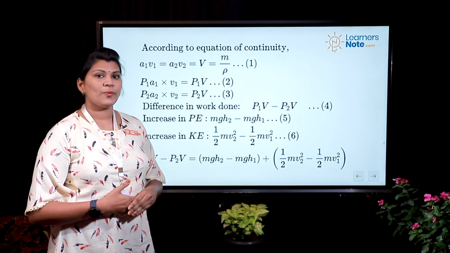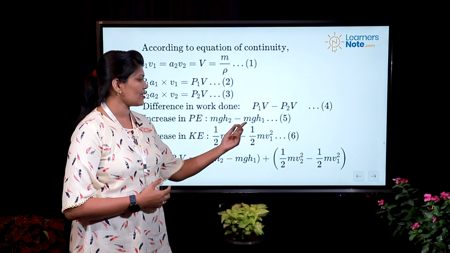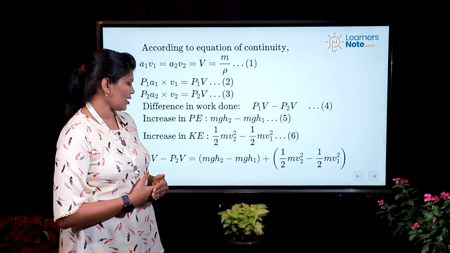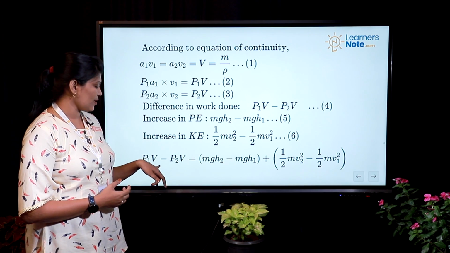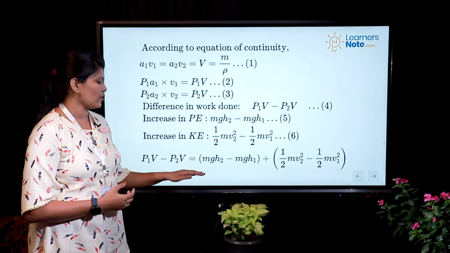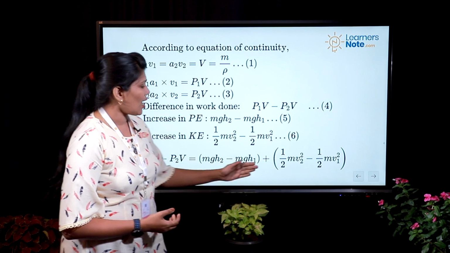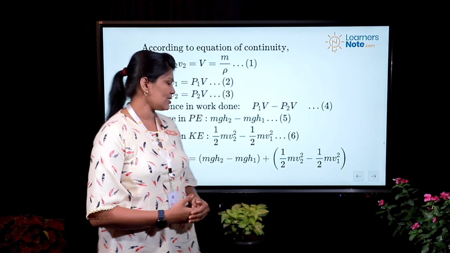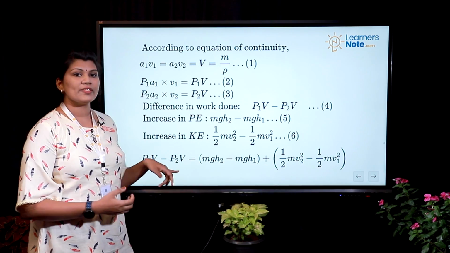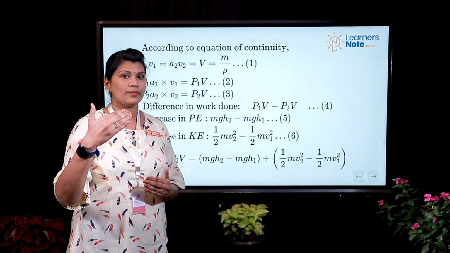The increase of potential energy is represented by mgh2 minus mgh1. Then we can see that P1V minus P2V is equal to mgh2 minus mgh1 plus half mv2 square minus half mv1 square. That is, the difference of pressure energy causes the movement of fluid.